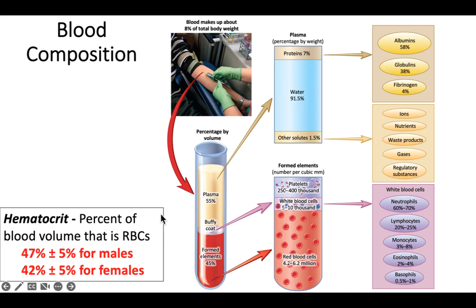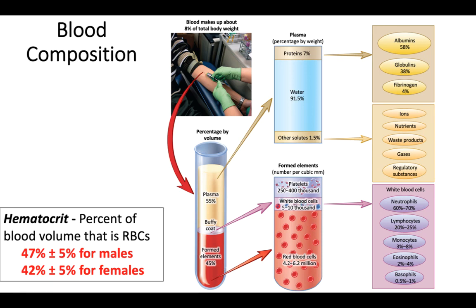Okay, so let's look at this right here. Notice that it mentions here formed elements 45%. Remember that the white blood cells and platelets are less than 1%. So really most of this 45% are red blood cells. And we can measure that.